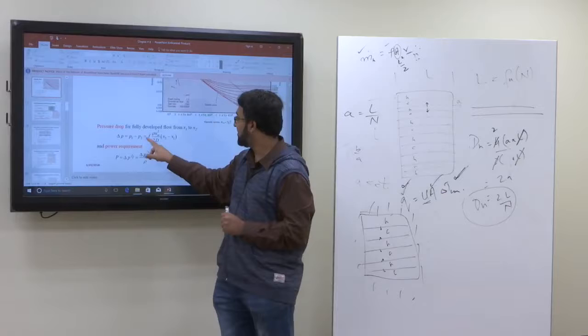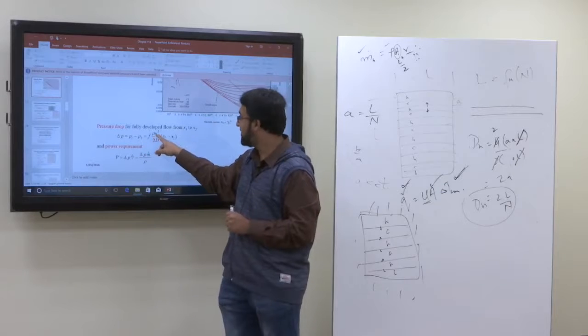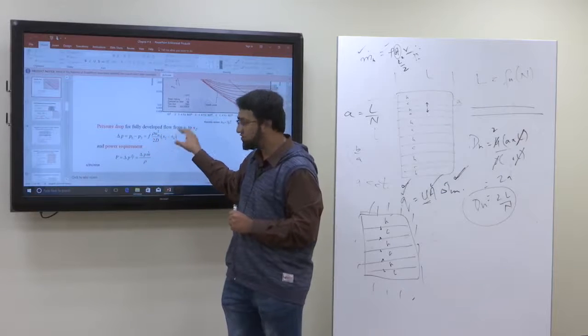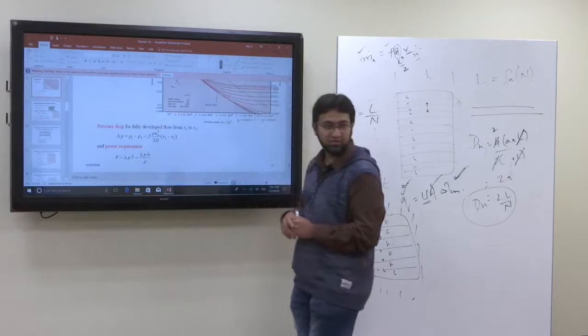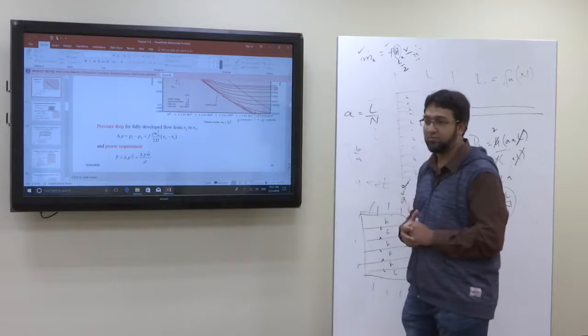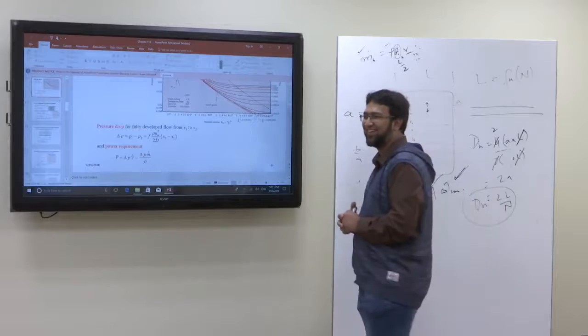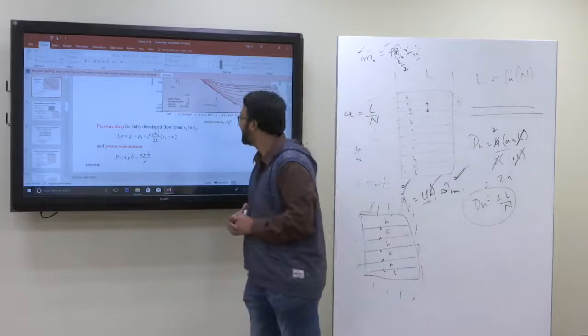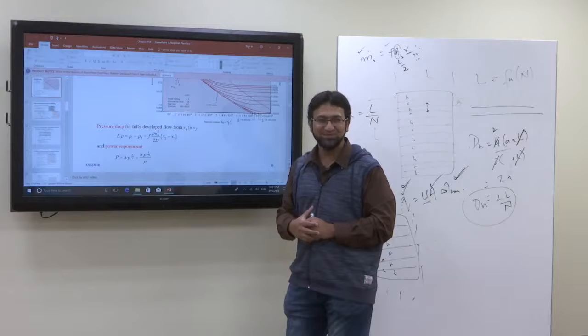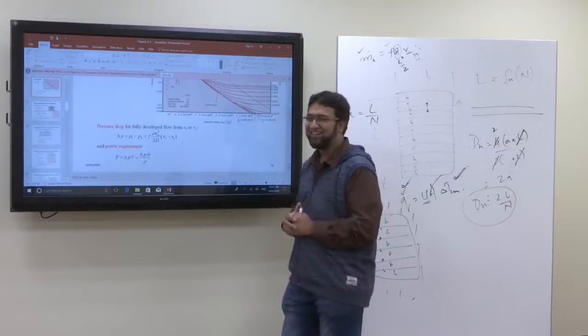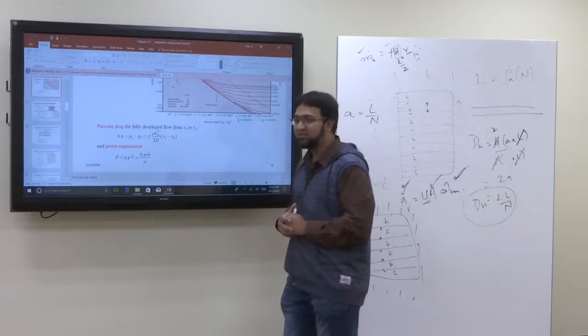So that's the formula: delta P equals f rho V square upon 2D into length. That's the formula for the pressure drop. We use it in the project. Nice, that's the advantage of doing projects.